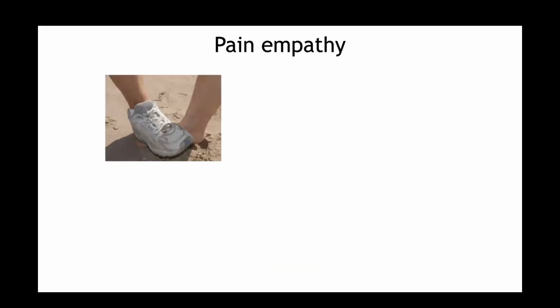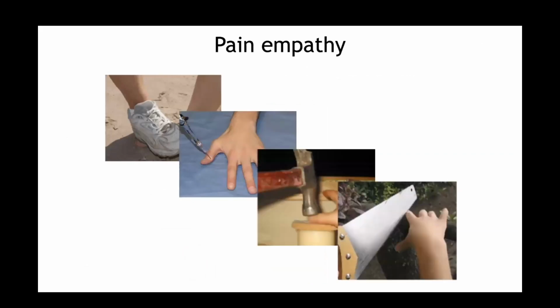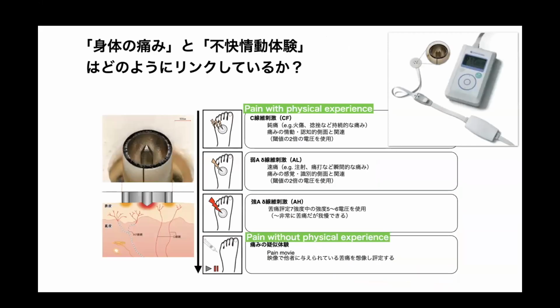And see, this is pain empathy. You don't have any stimulation in your body, but you may feel something like ouch kind of thing, right? And so inside MRI, we can stimulate the body, the foot in this case, and then create pain.